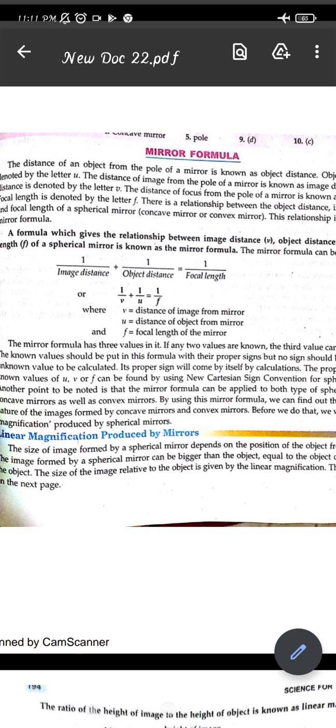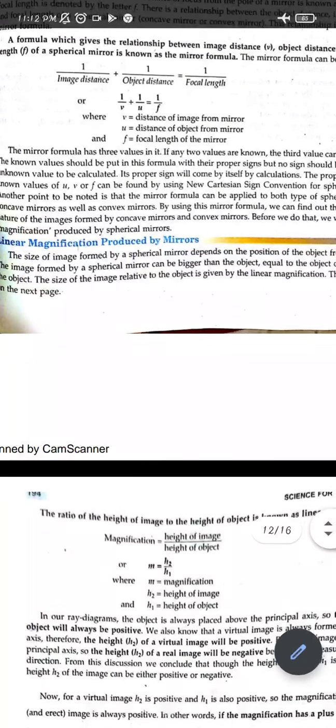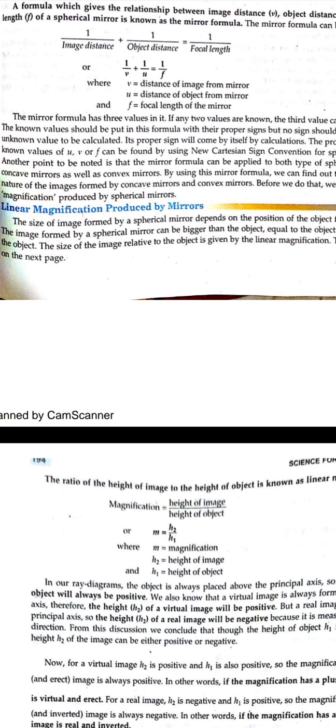And the focal length f is the distance between the pole and the focus. So the mirror formula relates the image distance, object distance and the focal length. What the mirror formula tells us is 1/v + 1/u = 1/f. Okay, so we will be using this formula, and we will consider the sign conventions also to find v, u and f.